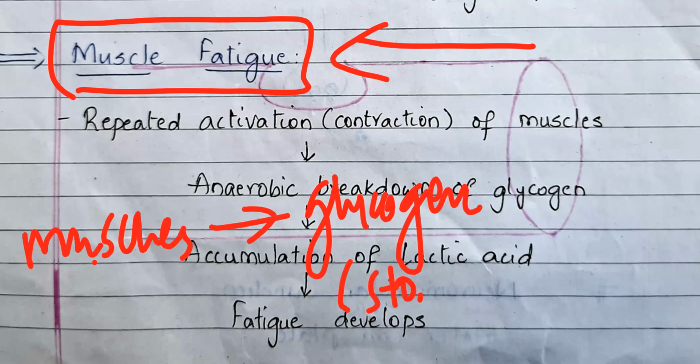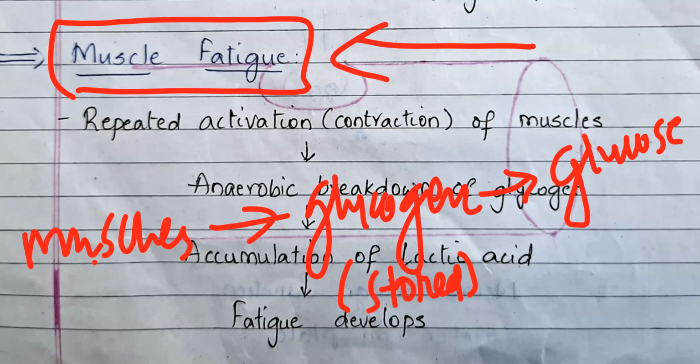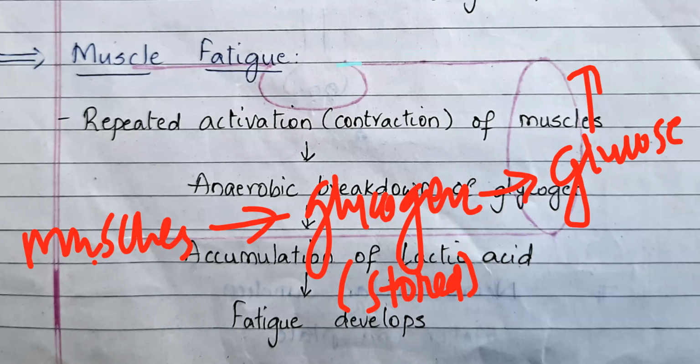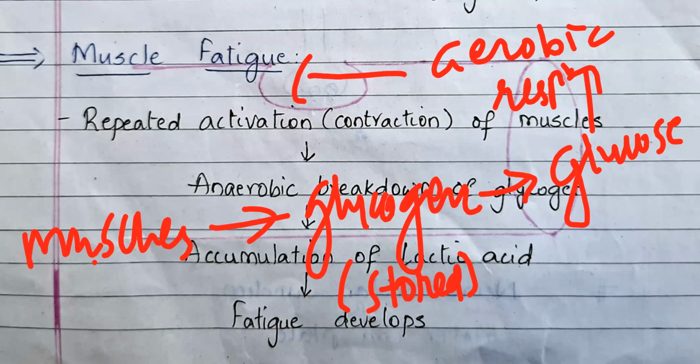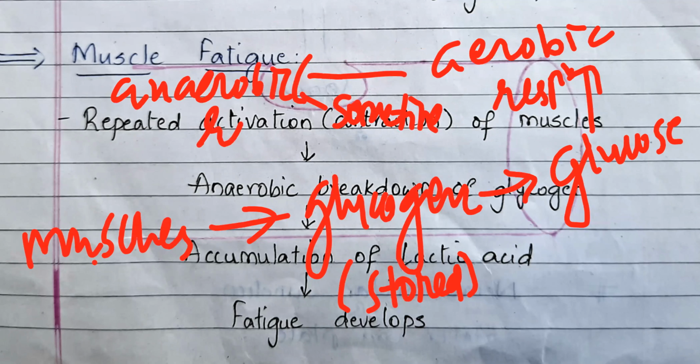Breakdown of glycogen gives glucose. And what happens to that glucose? First, which respiration will happen? Aerobic respiration. But after some time oxygen shortage will be created, so your system will start carrying out anaerobic respiration. It will switch over to the anaerobic one.